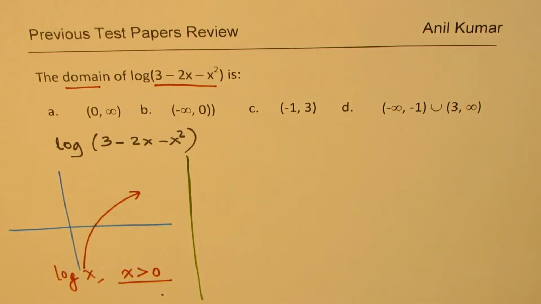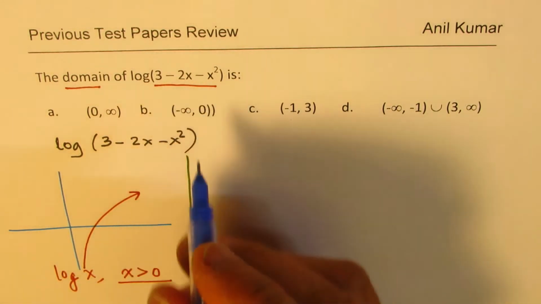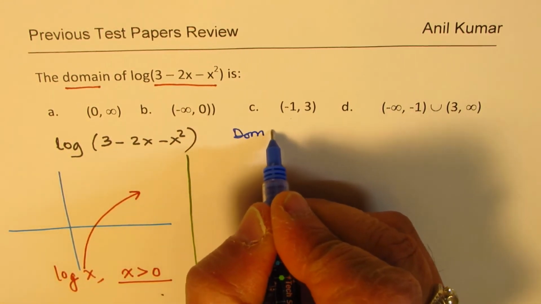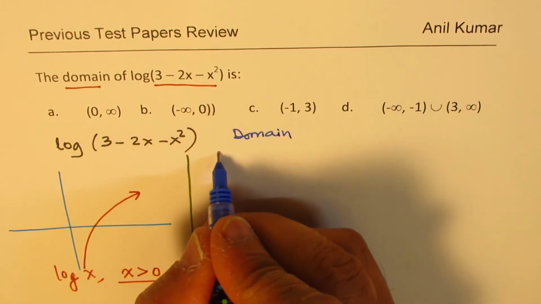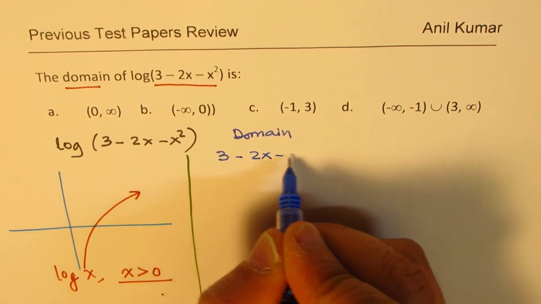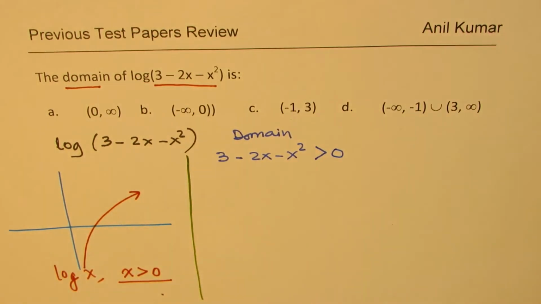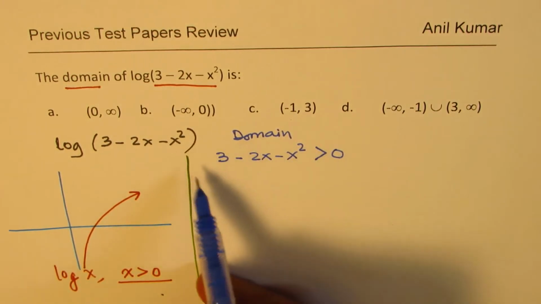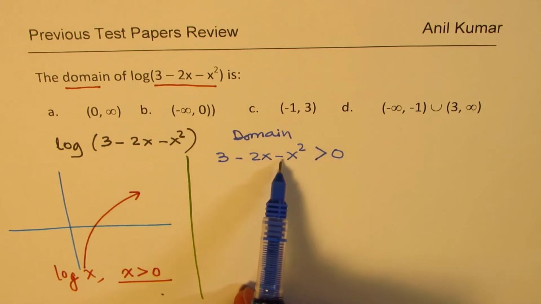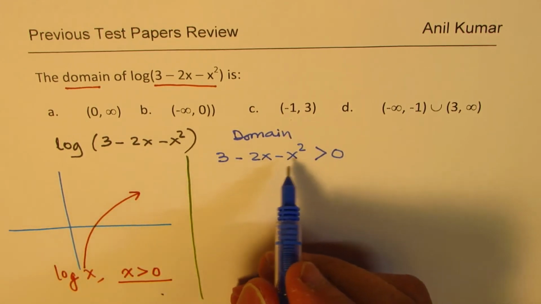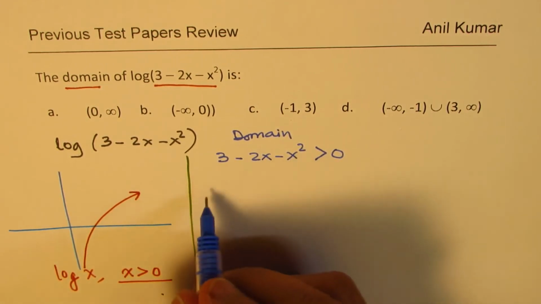So we can begin by saying, to find the domain, what should we do? We should set 3 minus 2x minus x squared to be greater than 0. That is what it is. Now, to do such quadratic inequalities, I always prefer to have the minus sign first, right? So I'll multiply by minus.